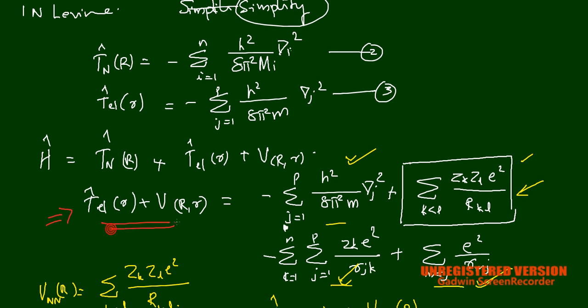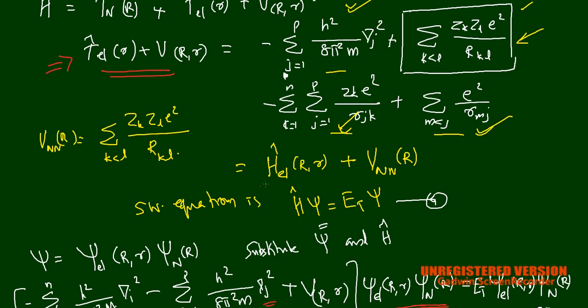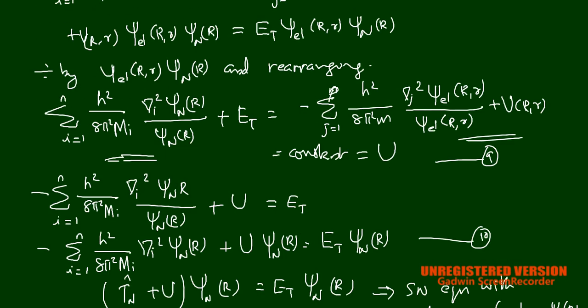T electronic V R R is equal to this one, four terms together. And then we wrote it like T electronic V R R is equal to H cap electronic R R plus V R R. This part, right? So we can write T electronic R R is equal to H cap electronic R R plus V N N R. So I write like that.